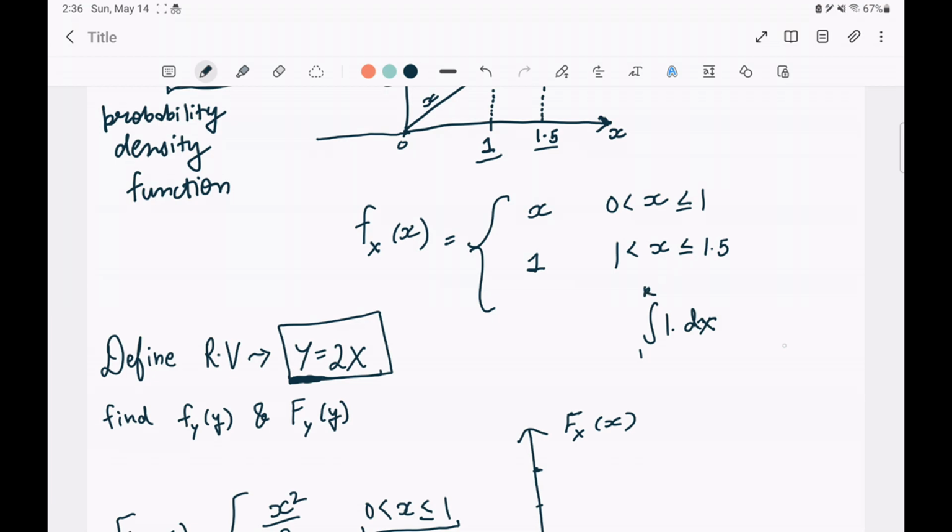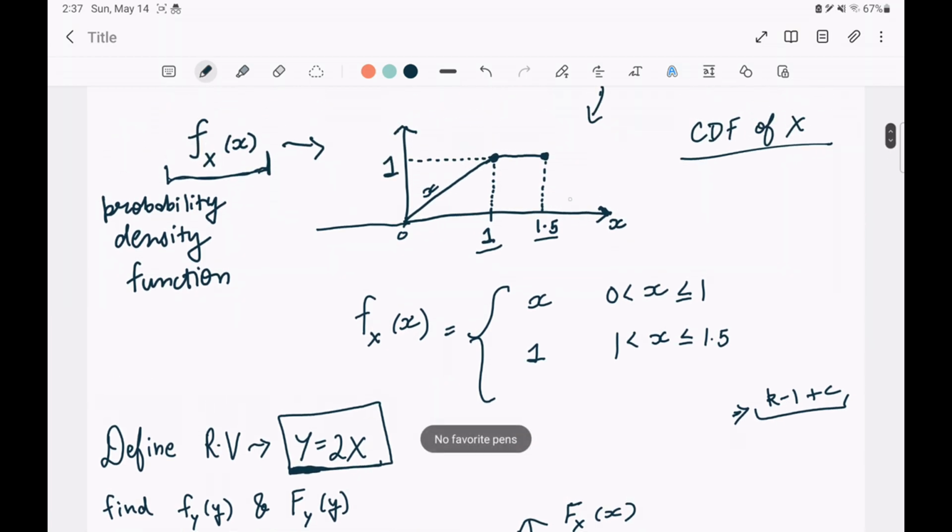So this would be k minus 1 plus c, the integration constant. Now let's see what this value would be like. Now we also know that there is no density after the value of 1.5 because the PDF is 0.